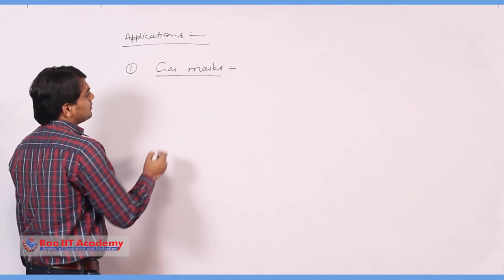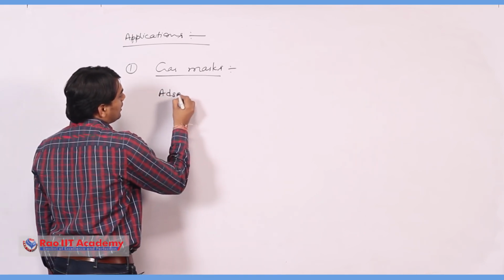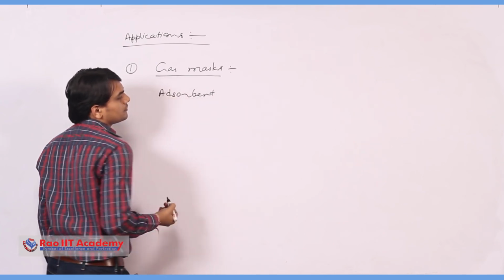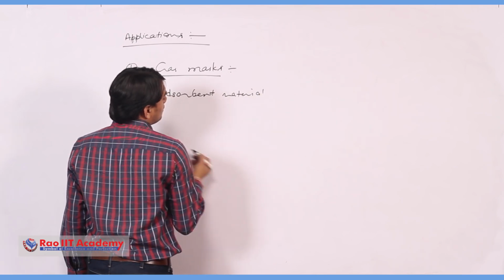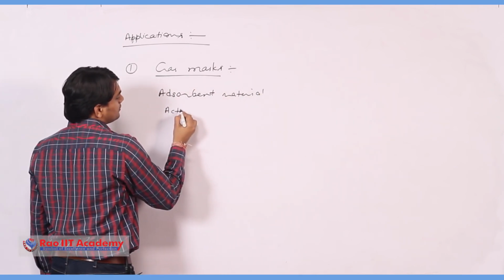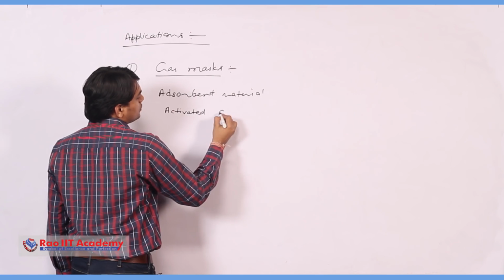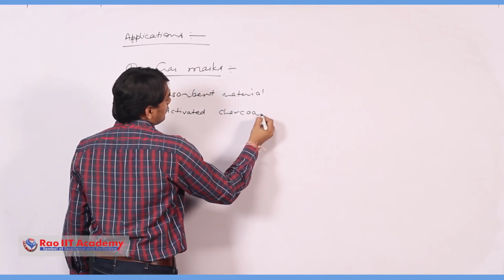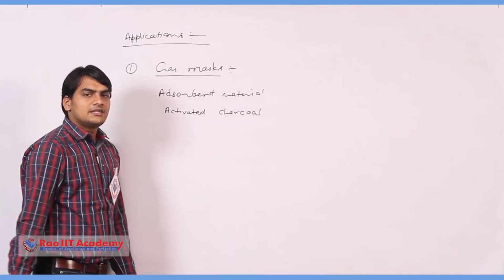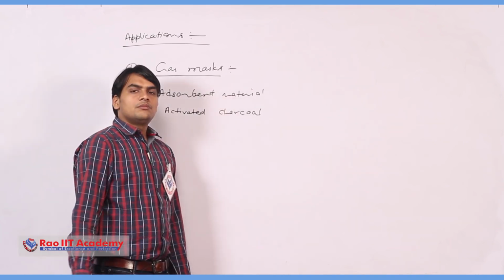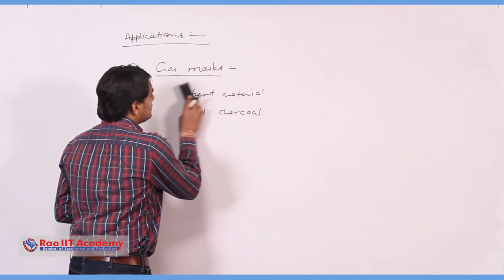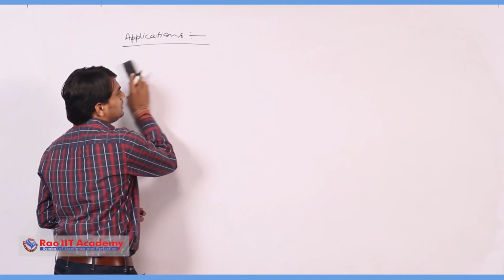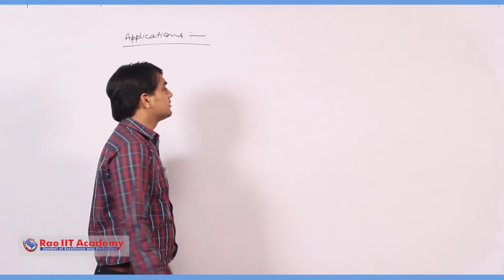In gas masks we use some highly adsorbent material, generally activated charcoal, and it has the tendency to adsorb the poisonous gases from the air. Also, in coal mines, workers use these gas masks to remain unaffected from the poisonous gas.